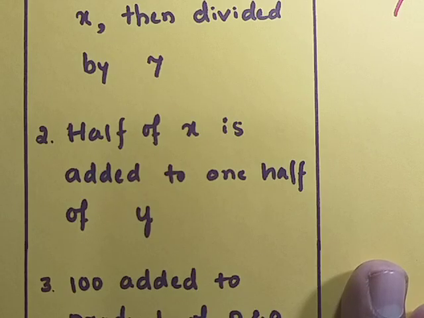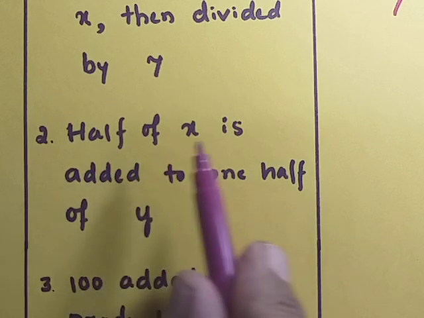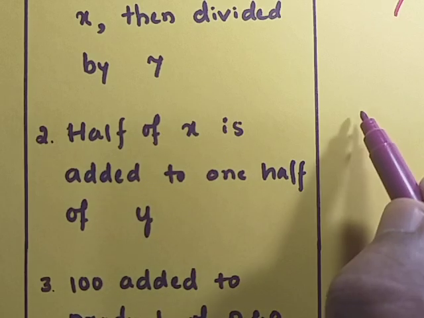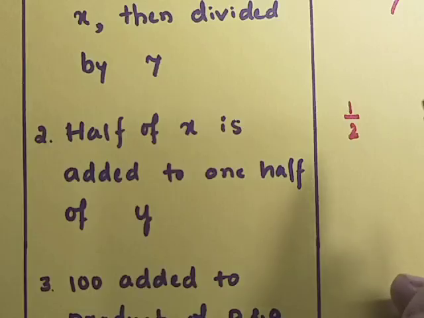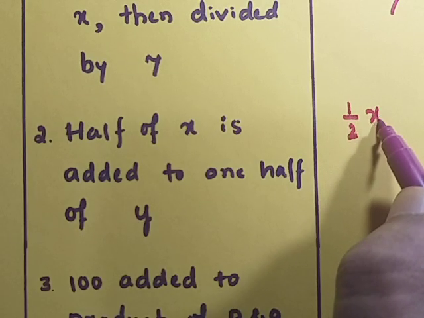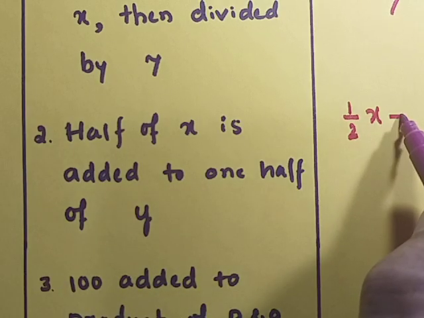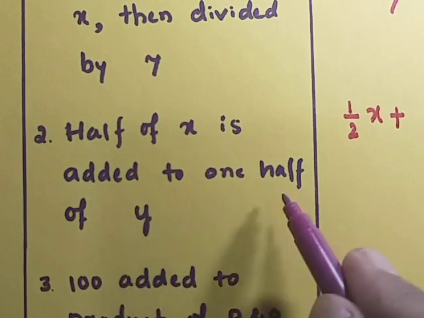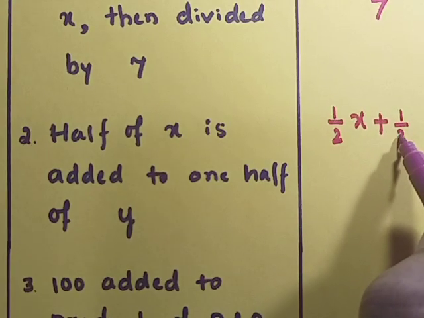Half of x is added to 1/2 of y. Half of x, that is 1 by 2 x, is added to 1/2 of y, that is 1 by 2 y.